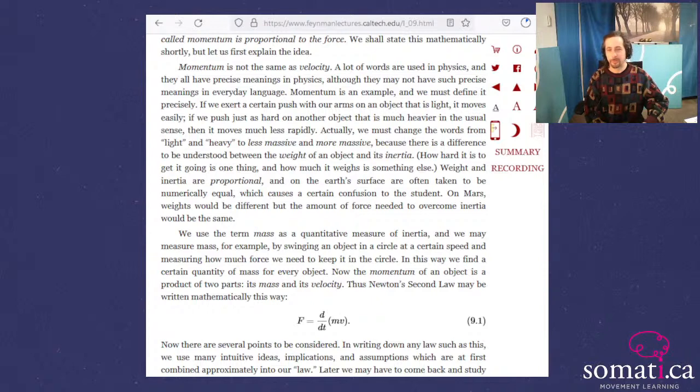Goes through some distinction between mass and weight. Mass is the right measure of inertia.